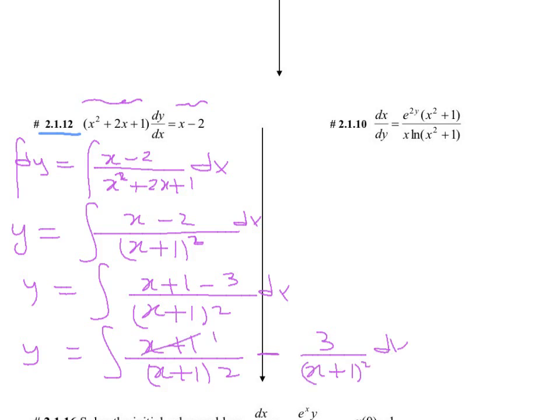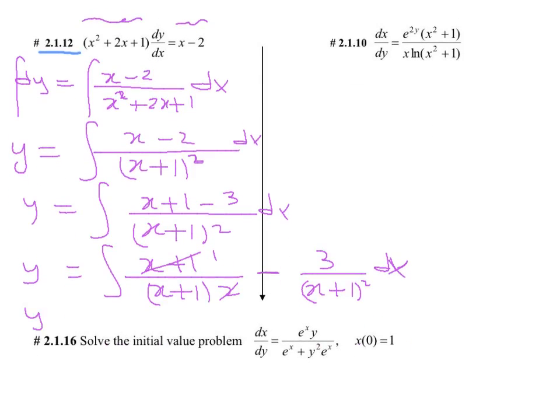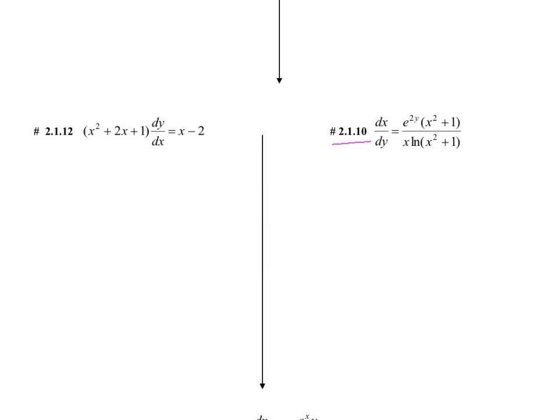This 1 will go with this. So you have y equal integration of 1 over x plus 1, which is ln x plus 1, then minus 3, you can take this up as x to the power minus 2 and integrate, and it will become x plus 1 to the power minus 2 plus 1, which is minus 1, divided by minus 1, so this will become plus c.